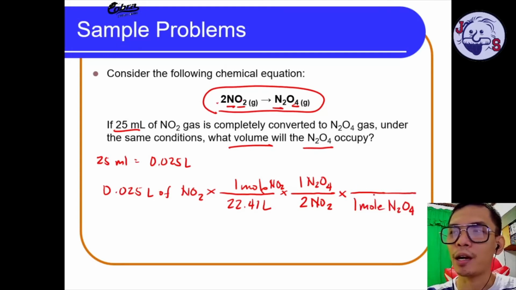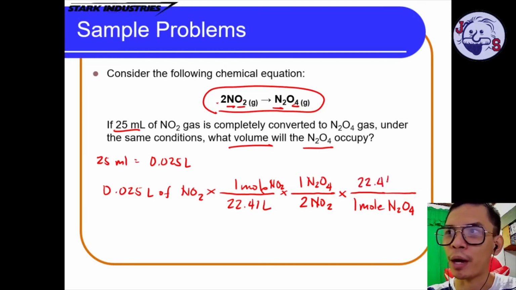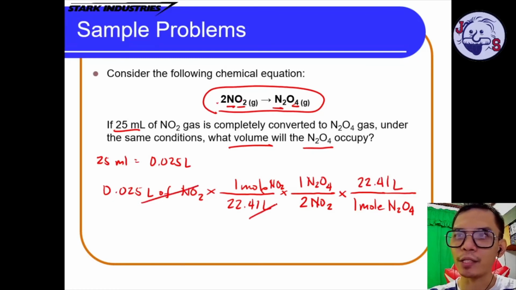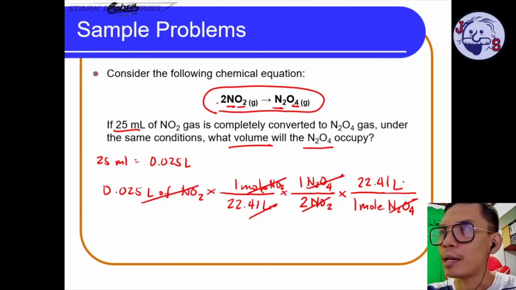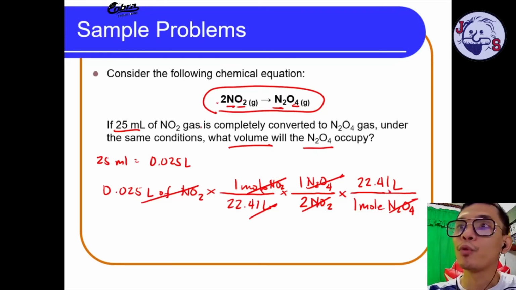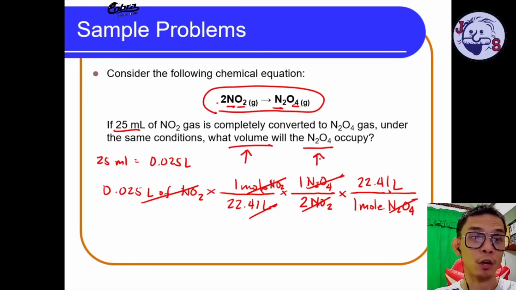Okay, and on the top is the 22.41 liters. Okay, so we can cancel now. Cancel this one, cancel this one, and cancel this one. Okay, then what we left here is the liters, which is the corresponding volume of the N2O4 that will occupy.